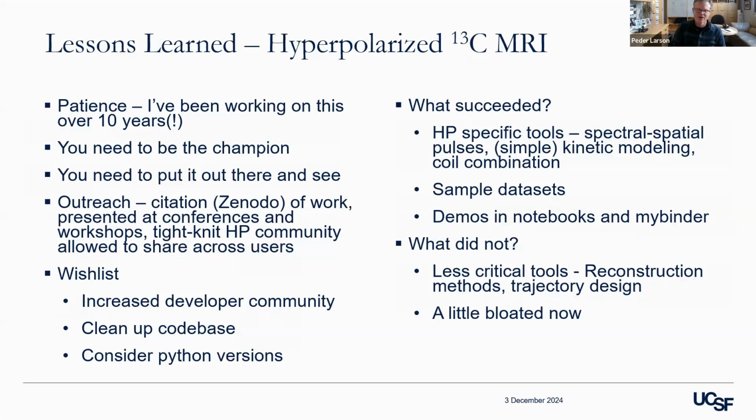Any chance I heard of feedback, I integrated that, and I was just pretty persistent, honestly, in saying I think this is a good way to do things. Now that has succeeded, particularly for the parts that are very specific to this technology, things that people can't find elsewhere in other tools, or where there are no more general-purpose tools, like the spectral-spatial pulses and the kinetic modeling.